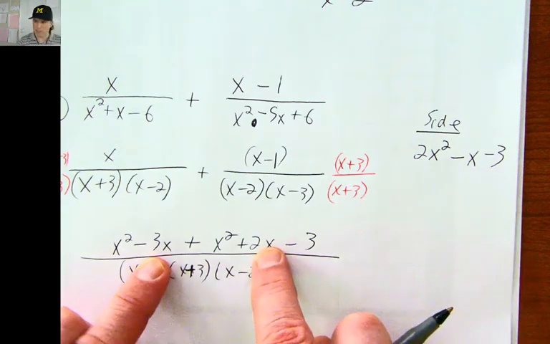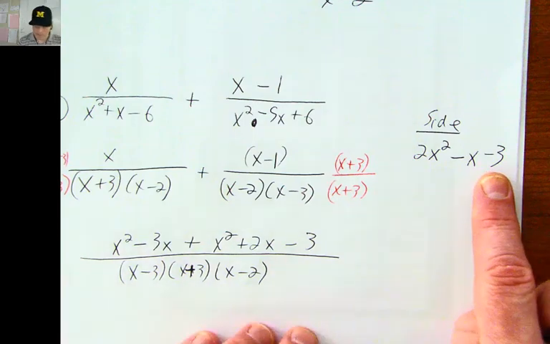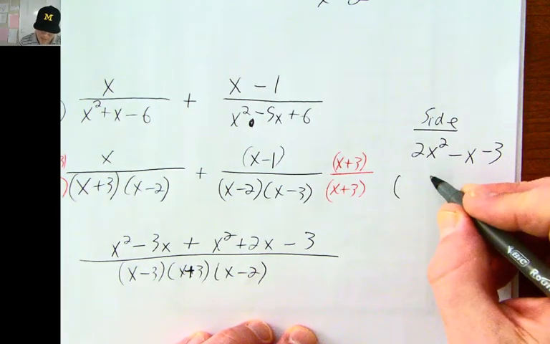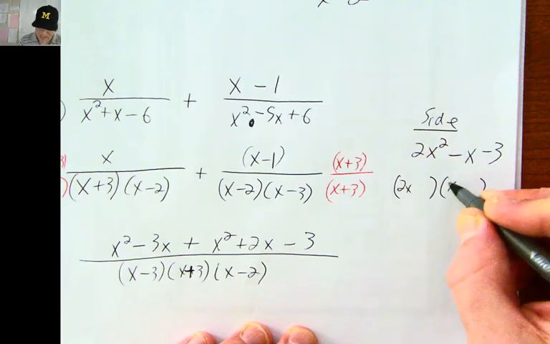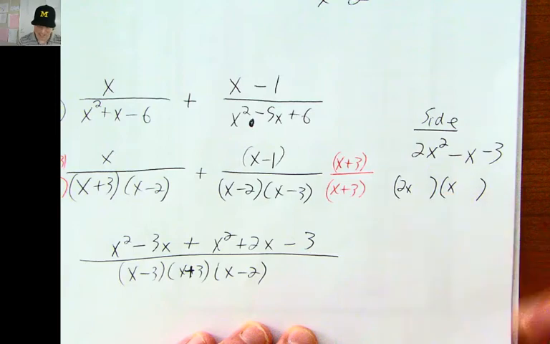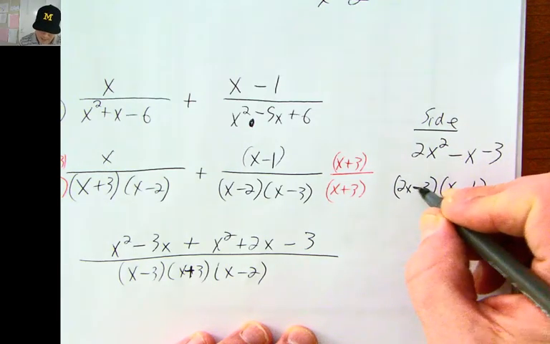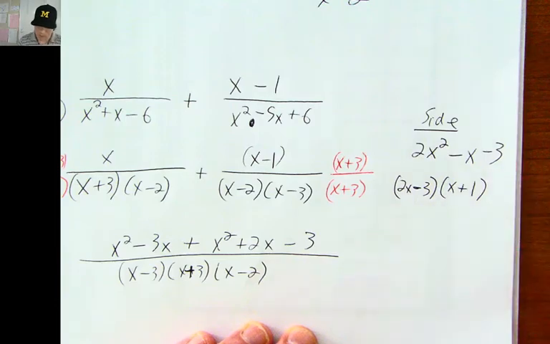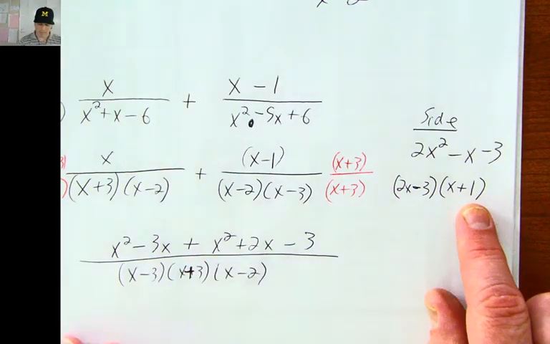Negative 3x plus 2x is negative x. And then this negative 3 is kind of a lone wolf. Then I bet this is factorable. 2x and an x would be the only way to go. And let's see, if I put the 3 here, the 1 here, and went minus 3 and plus 1, negative 3x, positive 2x. Hey, checks out.